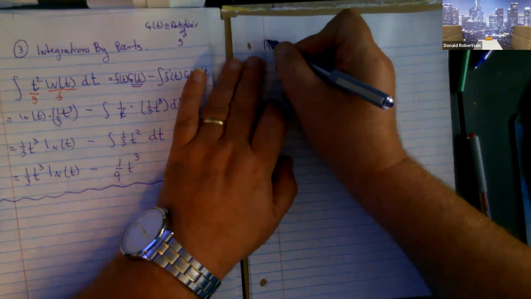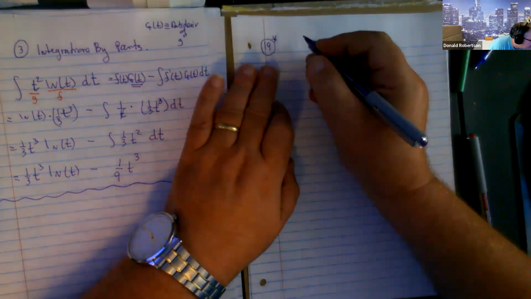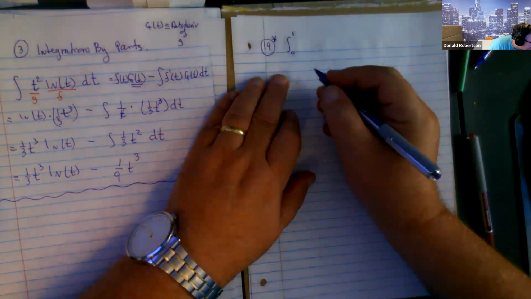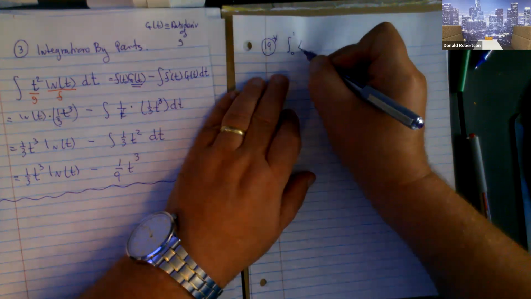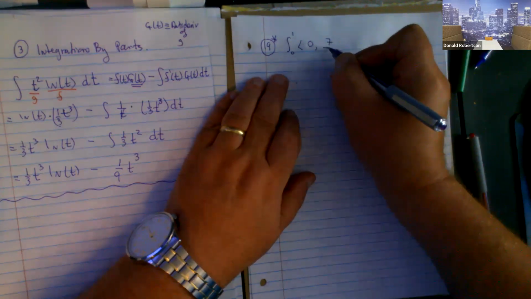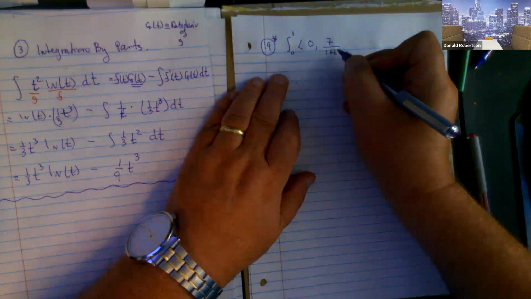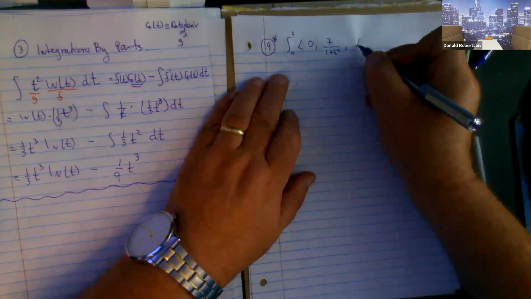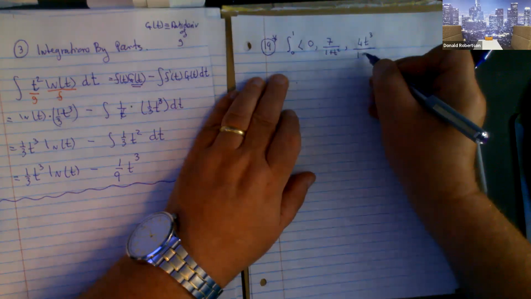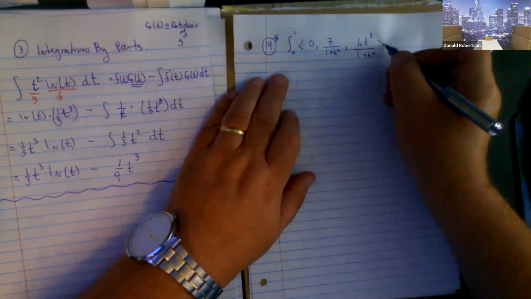Question 19 from the homework, or at least one that looks like it, is the integral from 0 to 1 of 0, 7 over 1 plus t squared, and 4t cubed over 1 plus t to the 4.